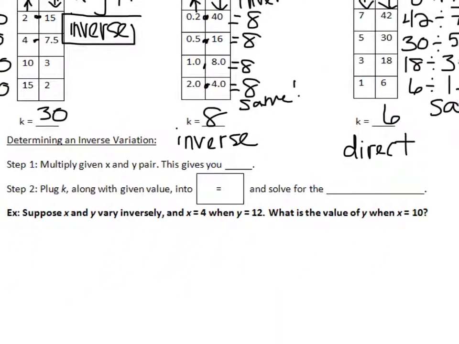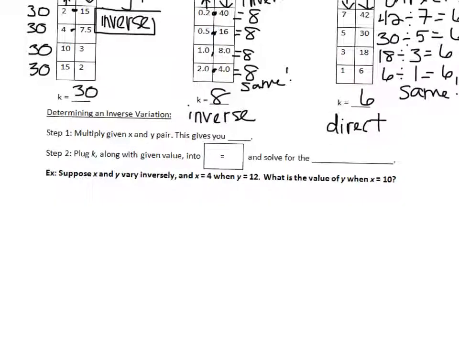So let's talk a little bit more about inverse variation. When you multiply your x and y pair, which is what we did in the first two examples, that gives us k. Now, when we need to solve for an unknown, we're going to plug k along with the value that we know into this equation.